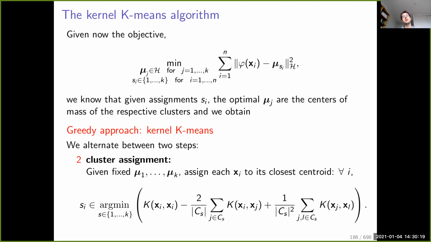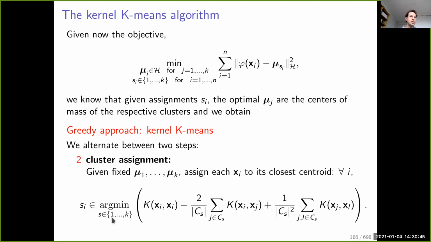And if you are not convinced, just take 5 minutes again at home to check that this is correct. You get indeed a sum of kernel values. So this sum involves here a double sum of the kernel values that are inside the cluster S. Here you have a sum of kernel values for j being in the cluster S.